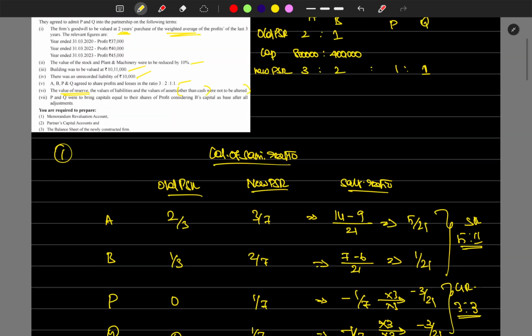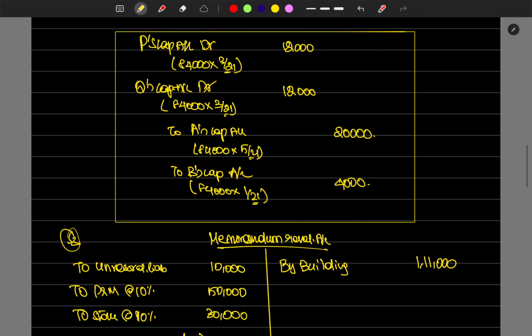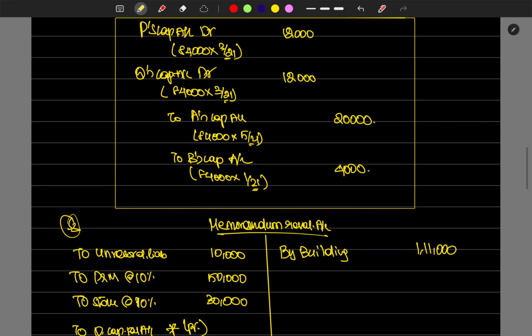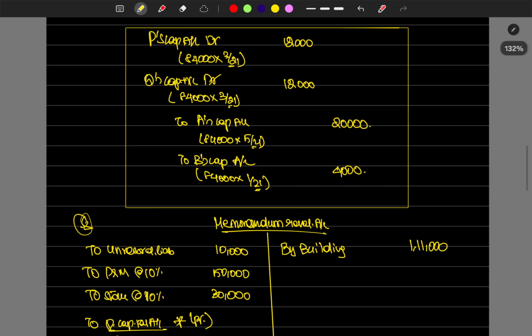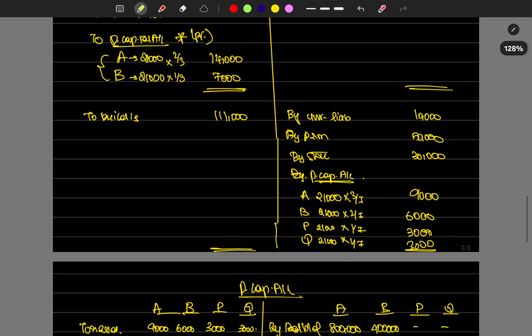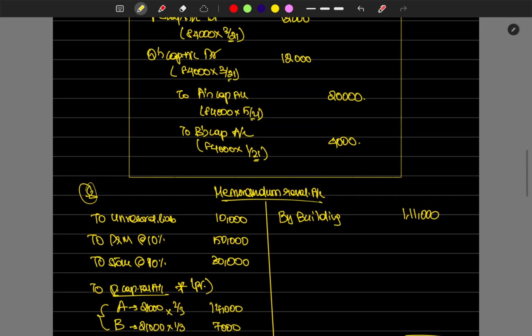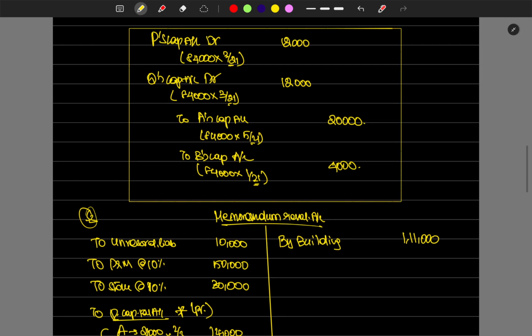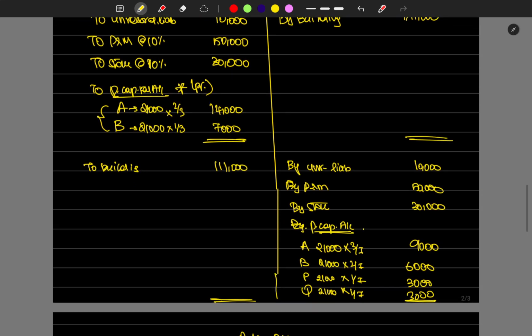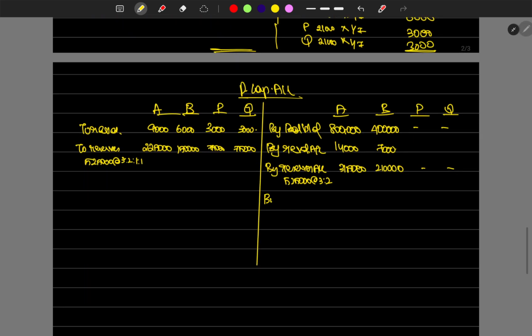Obviously, he has paid for goodwill, so goodwill entry we can do. To A's capital account first, by P's capital account, which is 12,000. By Q's capital account.